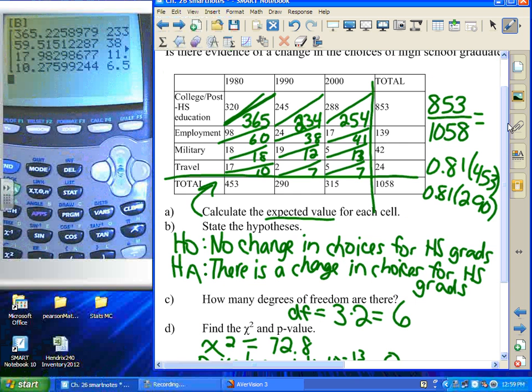Now, since it says there's evidence of a change, how has it changed? Could you just look at the table and tell me how things have changed through the 3 years? More people going to college, less traveling, less going into the military.